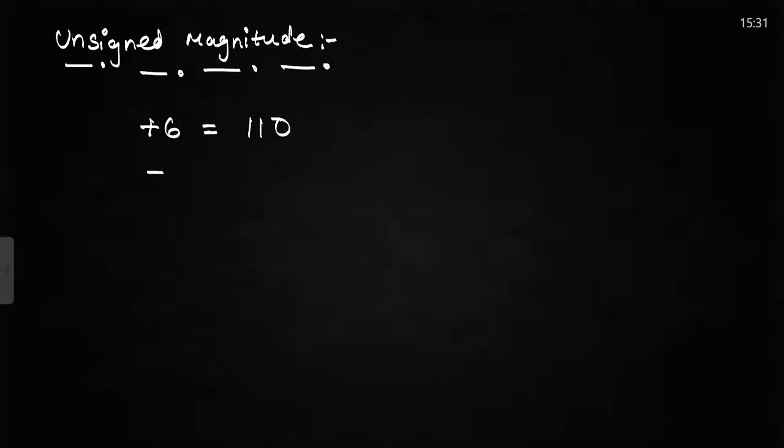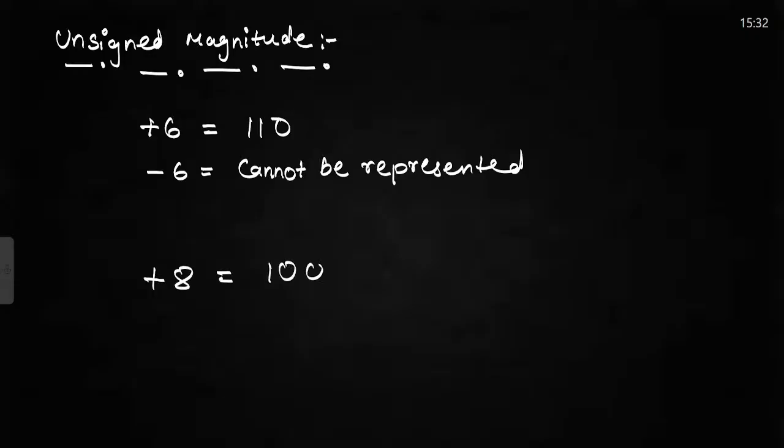If I want to represent -6, then it is not possible; it cannot be represented. But for signed magnitude, we can write both positive and negative. Similarly, if I am writing 8, we will write 1000. But -8 we cannot write in unsigned magnitude.